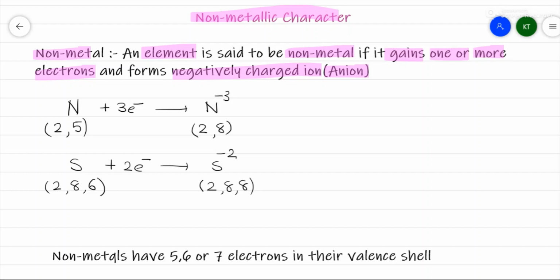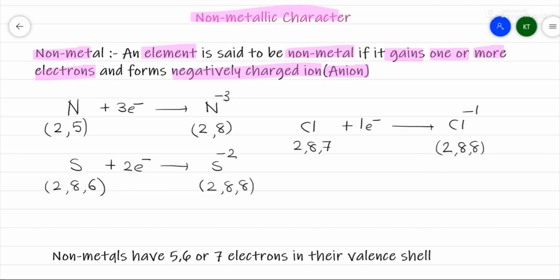Then I have chlorine, atomic number is 17, electronic configuration 2, 8, 7. So it shows a tendency to gain 1 electron and attains the electronic configuration of nearest noble gas, that's argon, but in doing so it gets converted into negatively charged ion.